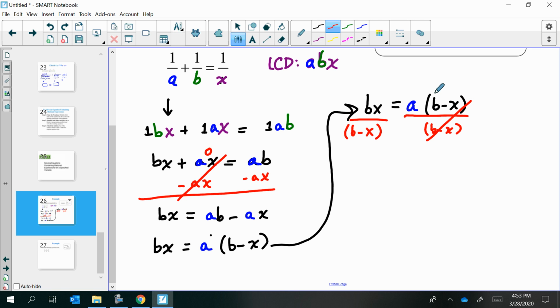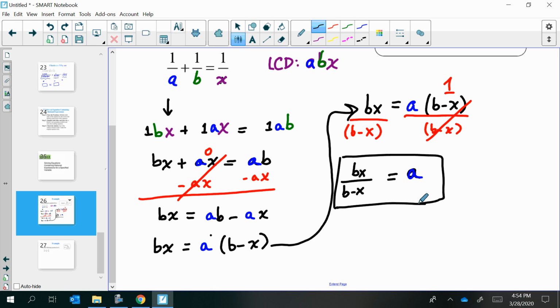So that this cancels to 1, and then I just have a equals, blue a, equals bx over b minus x. So that's my answer. A is now by itself. That's all I needed.